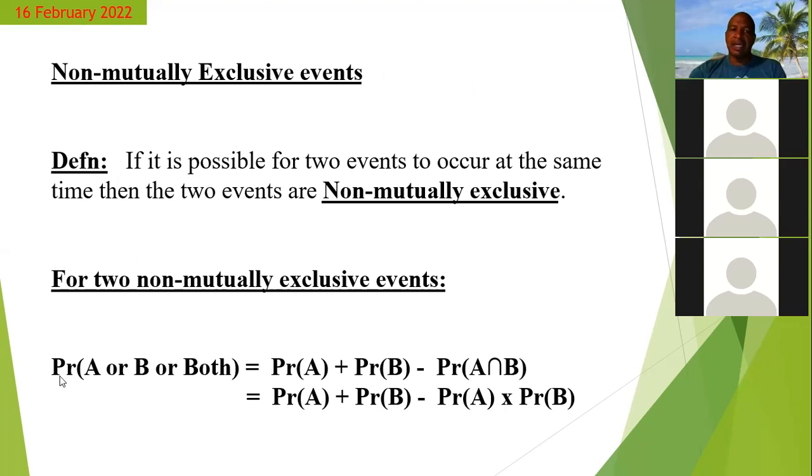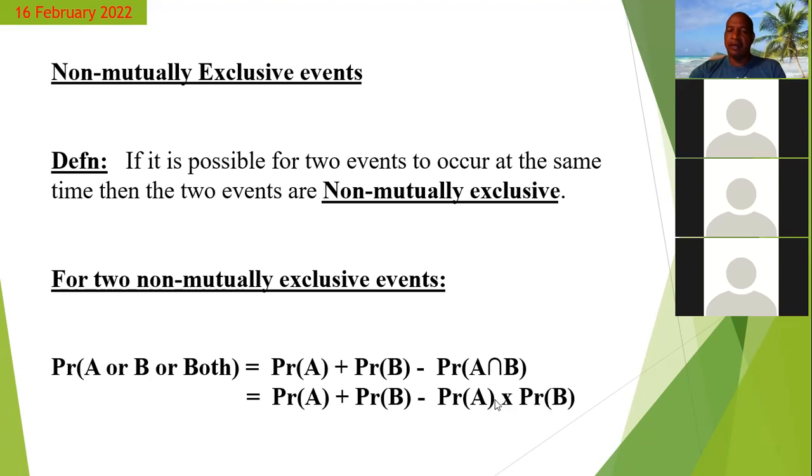So it means that in the event, you can either get one or the other, or you can get both. And in non-mutually exclusive events, this is how you calculate them. You would add the two probabilities, probability A plus probability B. Then you would find the product of the two probabilities.